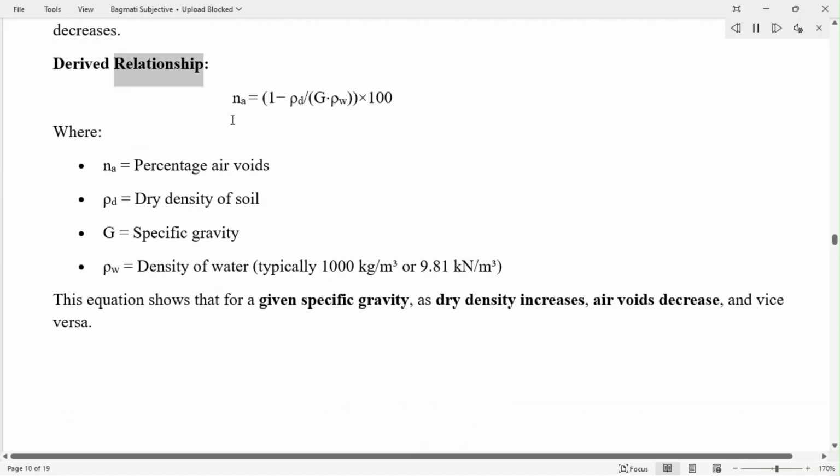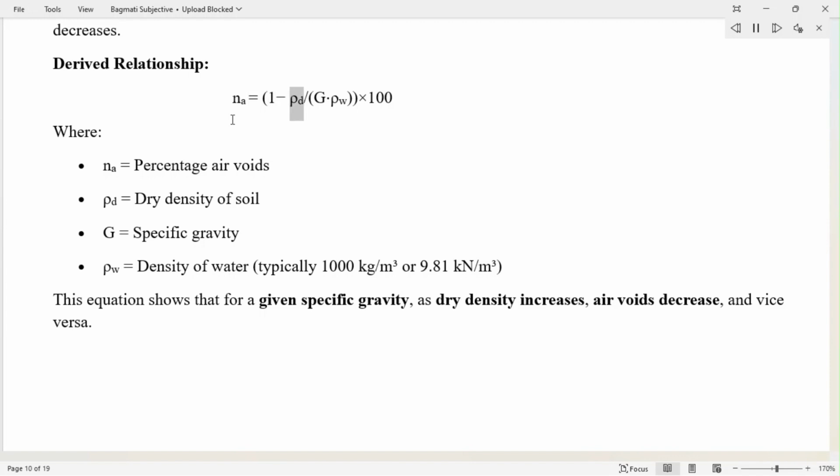Derived relationship: na equals (1 minus ρd/(G ρw)) times 100, where na equals percentage air voids, ρd equals dry density of soil, G equals specific gravity, ρw equals density of water, typically 1000 kilograms per cubic meter or 9.81 kN per cubic meter. This equation shows that for a given specific gravity, as dry density increases, air voids decrease, and vice versa.